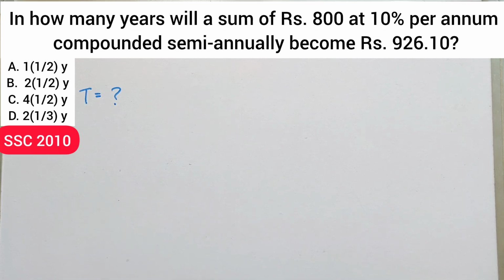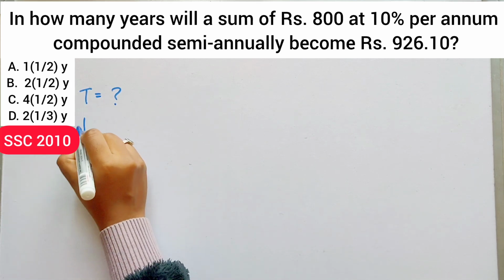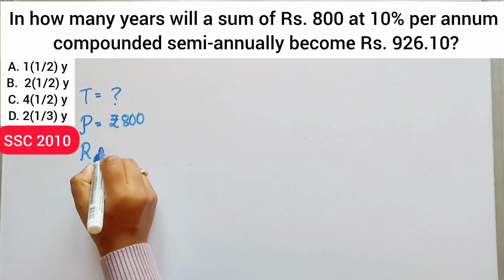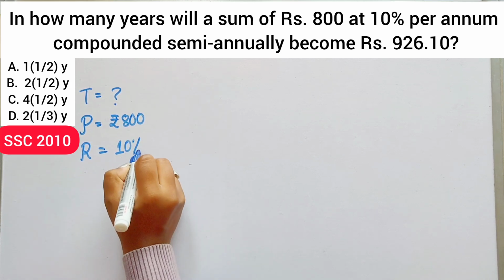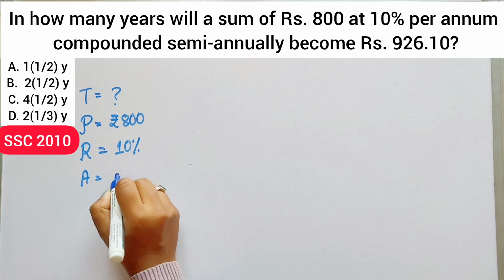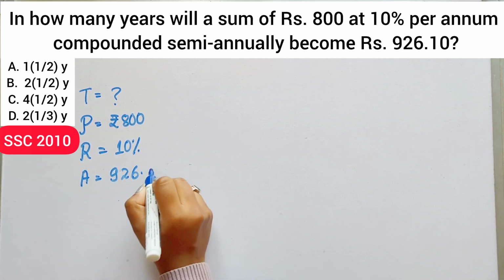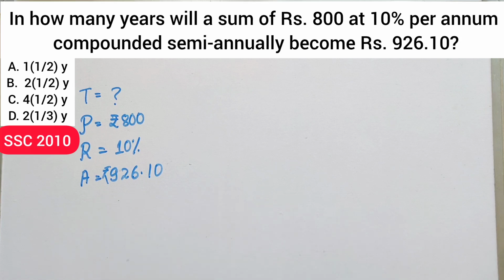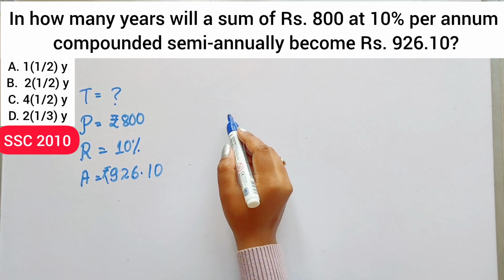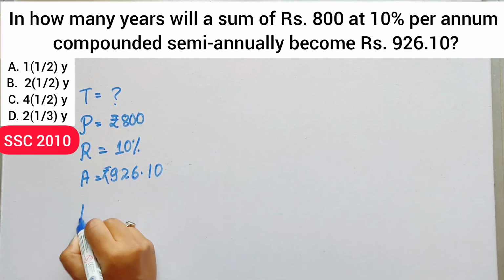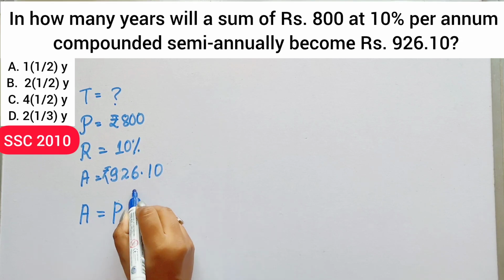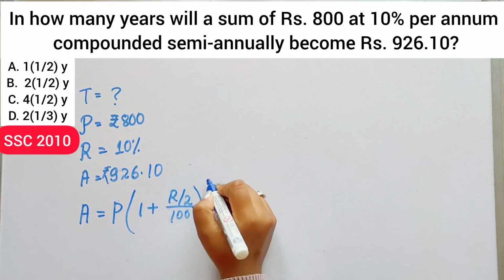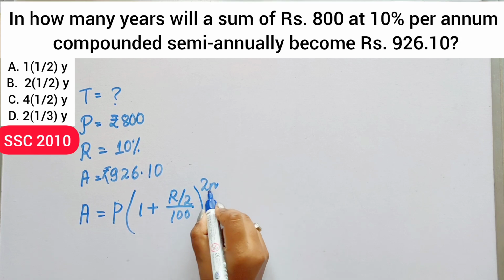Principal is rupees 800, rate is 10%, and amount is 926.10 rupees. The question says it is compounded semi-annually. So the formula for semi-annually is A equals P whole 1 plus r by 2 divided by 100, to the power 2n.